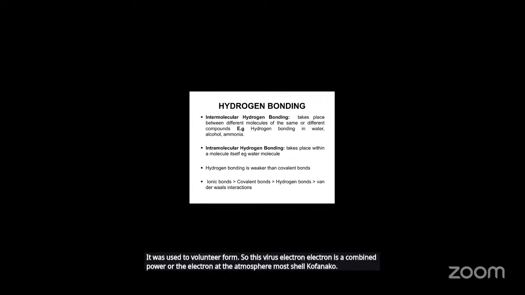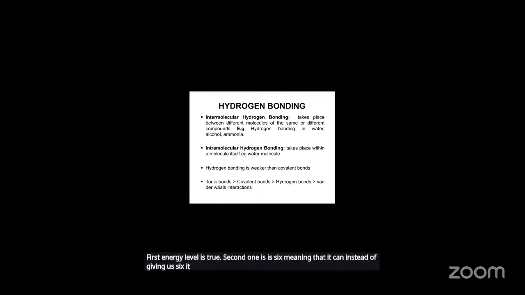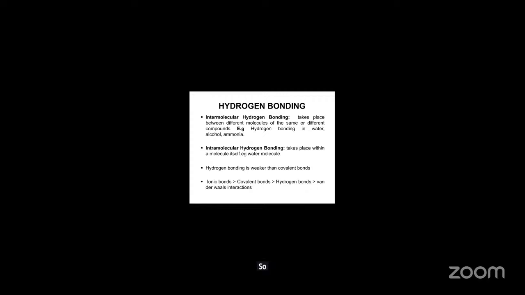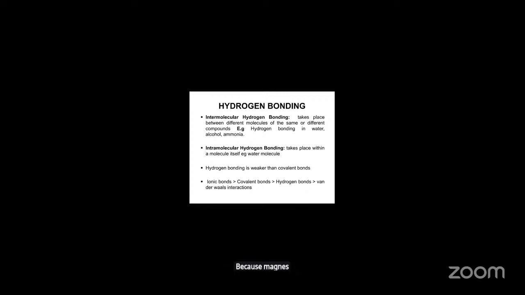If you talk about oxygen, oxygen has atomic number of 8. So the first energy level is 2, the second one is 6. Meaning that instead of giving out 6, it's easier for it to borrow 2. So that's why it has valency of -2, because it's going to borrow 2. So in valency, we put plus or minus. That's why magnesium is represented as 2+, because magnesium can give out 2 electrons.